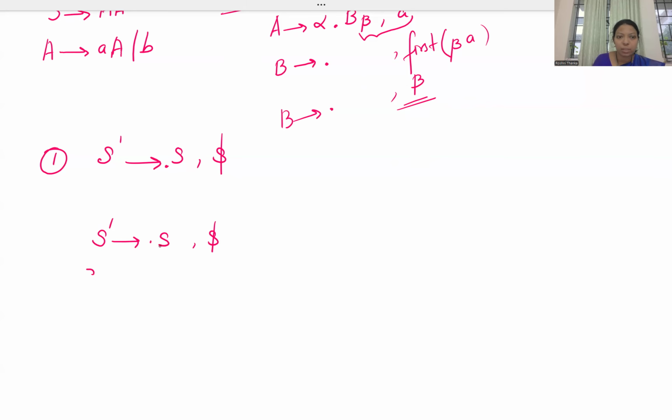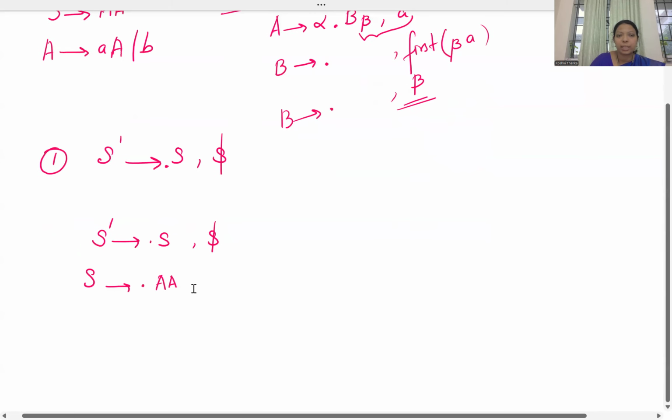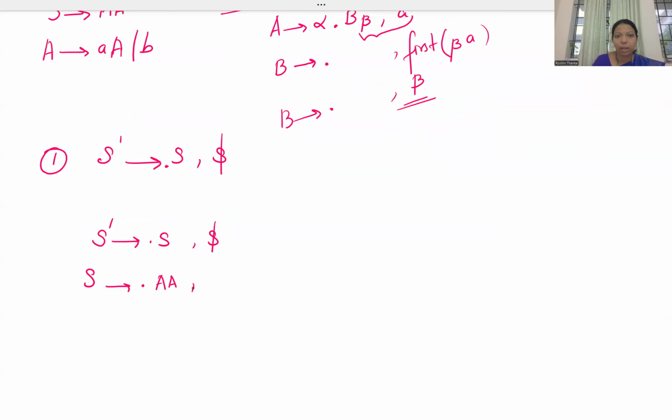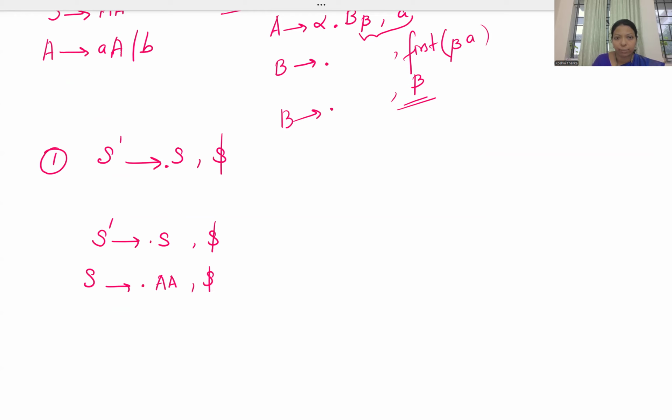S derives dot, and you write the production of S. You have only one production of S, so dot A is written. And then after that, you have to attach the lookahead as we saw in this rule. For S we have written the closure, the rest of all here you have nothing, and here you have dollar. So first of dollar is dollar itself.